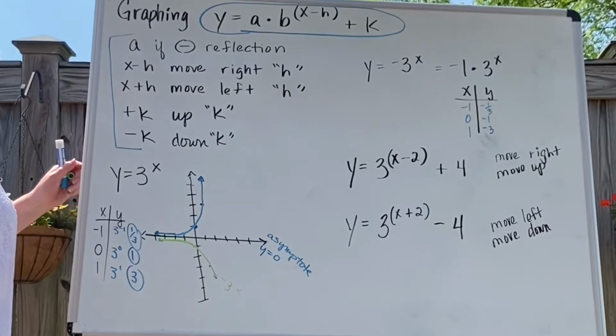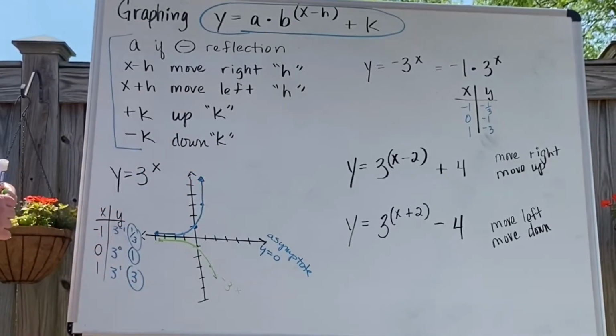So what would I do if the graph said, go plot a graph 3 to the power of x minus 2, plus 4? That means that I'm going to move the graph to the right 2 and up 4.